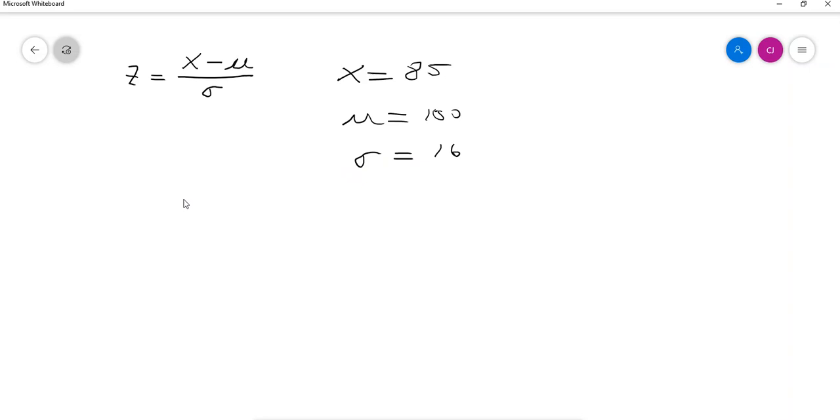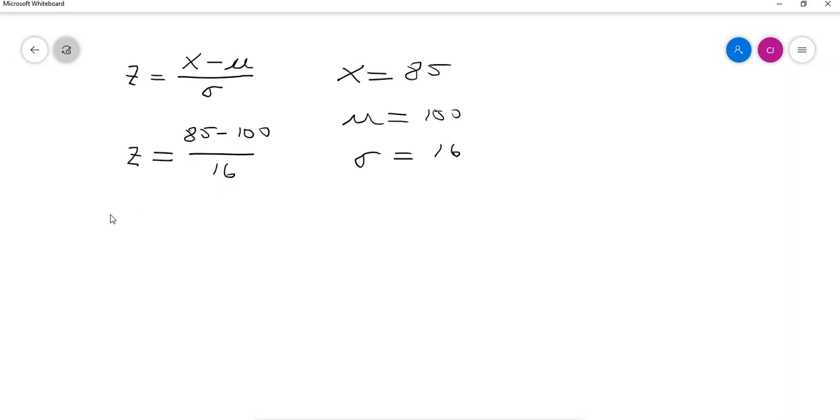Okay. So we just simply take these numbers and plug them in here. So we're standardizing that 85. So we have 85 minus 100 divided by 16.